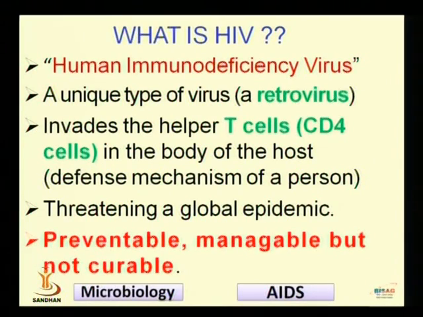As a result, the host is prone to various kinds of infections. Now, this HIV virus is a threatening global epidemic. It is preventable, manageable, but most important, it is not curable.